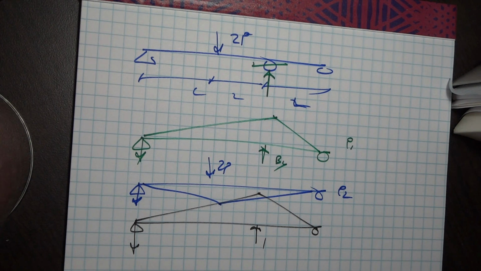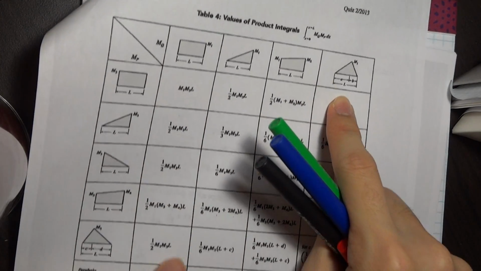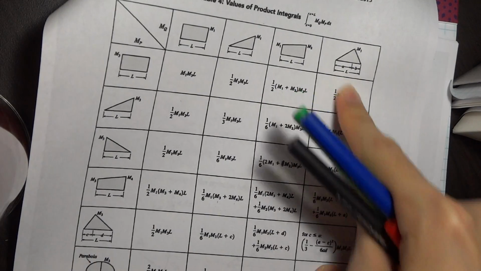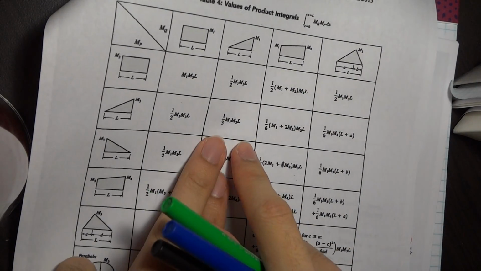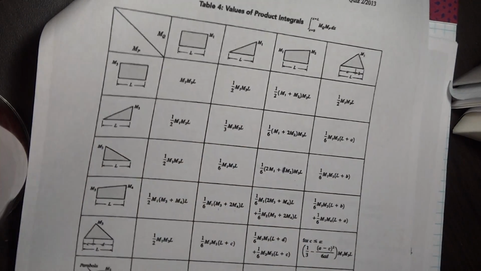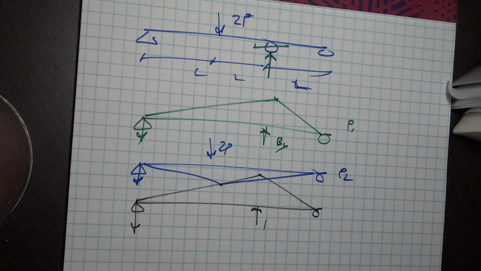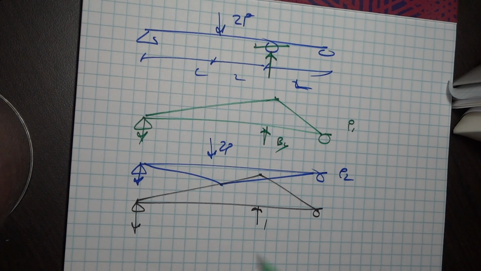I'm sorry, this is what I was looking for. I can use a triangle times a triangle, or I can do rectangle times a rectangle plus rectangle times a rectangle. Either one of those will give me the same result. This blue and the green is more interesting. I need to break this up into 3 sections.